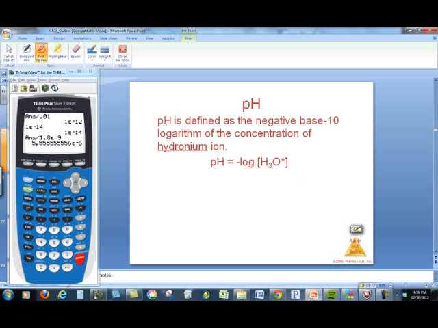So if I have, let's say, my acid concentration, or my H plus or hydronium, is 0.01 molar, that would be 1 times 10 to the minus 2 molar. If it was 0.1 molar, it's going to be 1 times 10 to the minus 1 molar. Let's say it's 1 molar, it's going to be 1 times 10 to the 0.